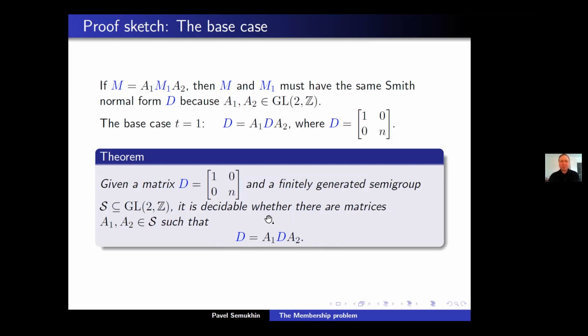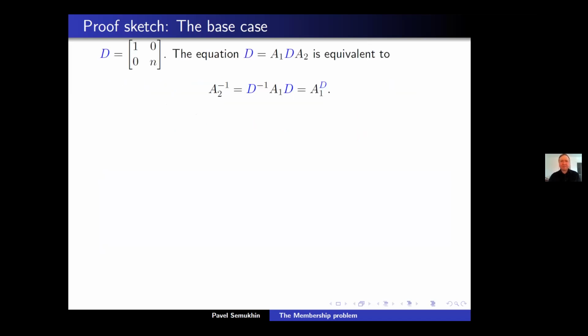If we can prove this theorem, then we prove the base case for our main theorem. And so, in fact, the rest of my talk will be devoted to the proof of this result. Okay, let's proceed with the proof.